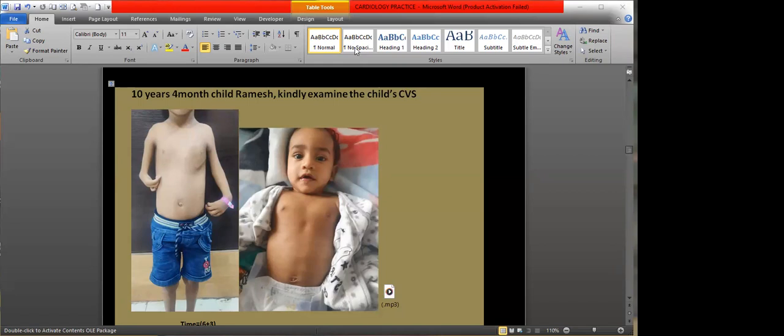Okay, fine. So, what investigations do you want to do in this child? So first of all, I would like to plot the height, weight, and head circumference on a growth chart for this child. I would also look through if any other investigations were done in his file previously. And then I would like to examine his four-limb blood pressures and saturations.